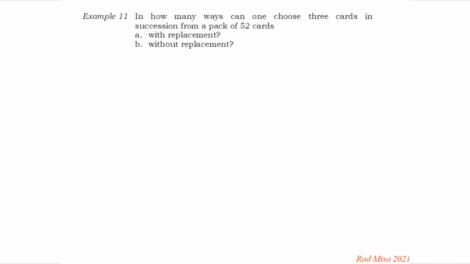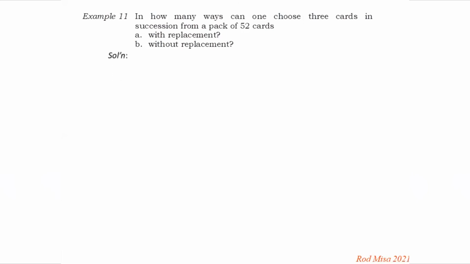So just imagine a standard deck of playing cards wherein you have 4 suits: hearts, diamonds, spades, and clubs. And there are 13 in each suit. And since there are 4 suits, 4 times 13 is equal to 52.